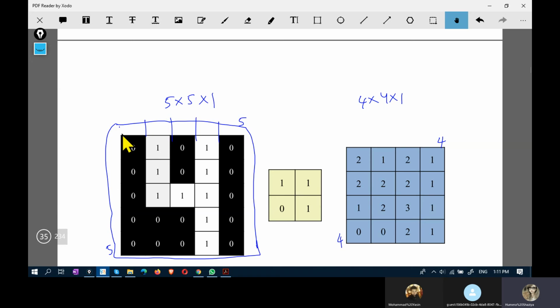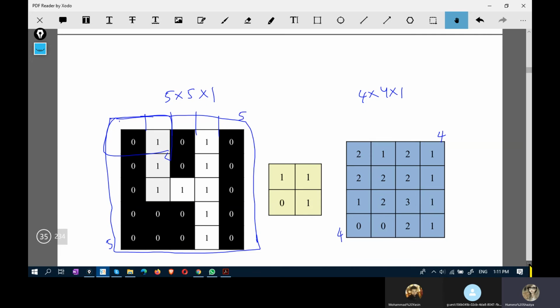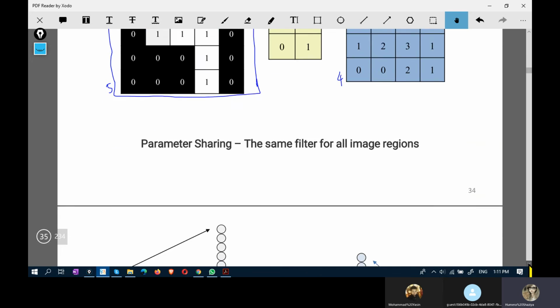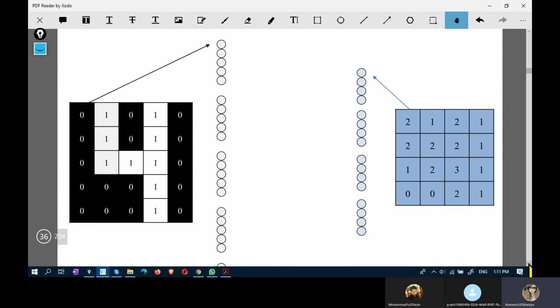Then what happens? This filter will be here, like this. Then you get the size same as this size. If you perform padding, look at here, 5 by 5. Here you are getting 4 by 4.